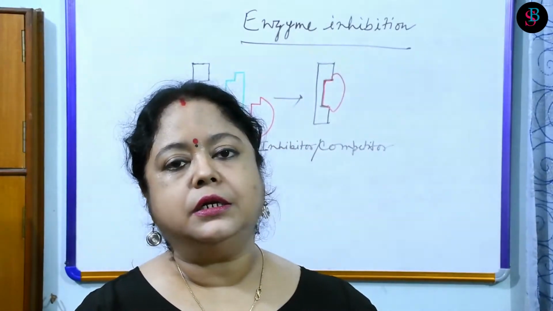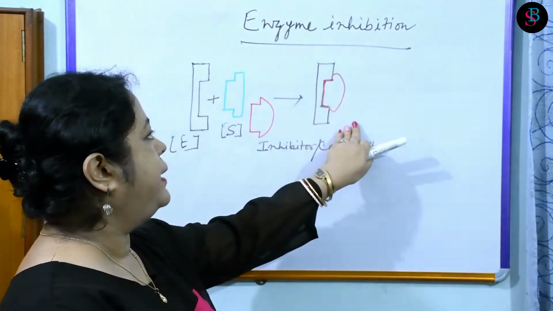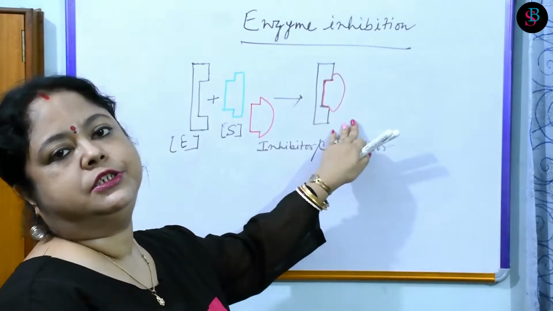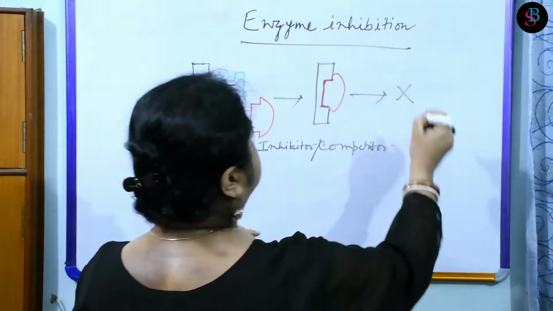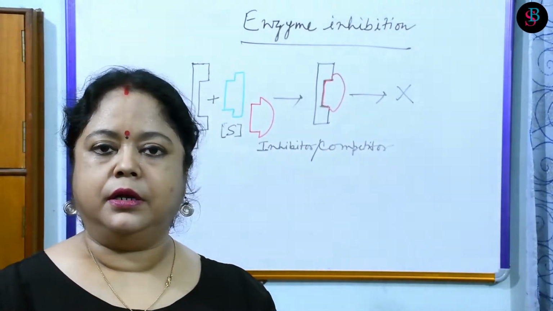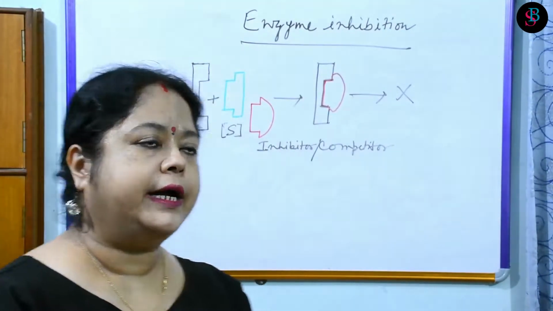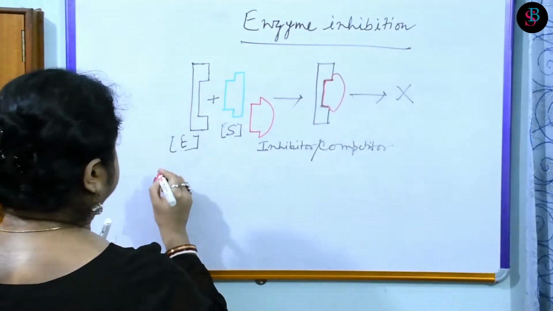So it can't continue the reaction, and the enzyme molecule will be occupied by it and become functionless. There will be no reaction after that, and ultimately the action of the enzyme will be interrupted in this way.